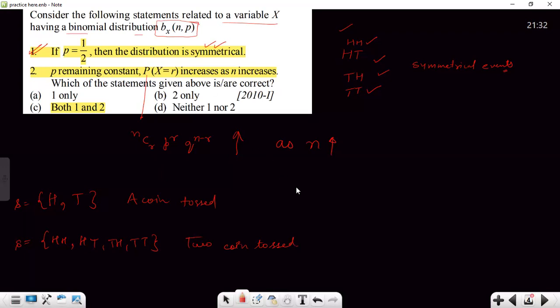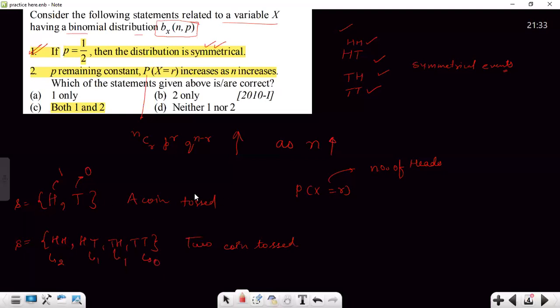Now here, probability of X equals r. Let's say we are talking about the number of heads. Here number of heads is 2, number of heads is 1, number of heads is 1, number of heads is 0.